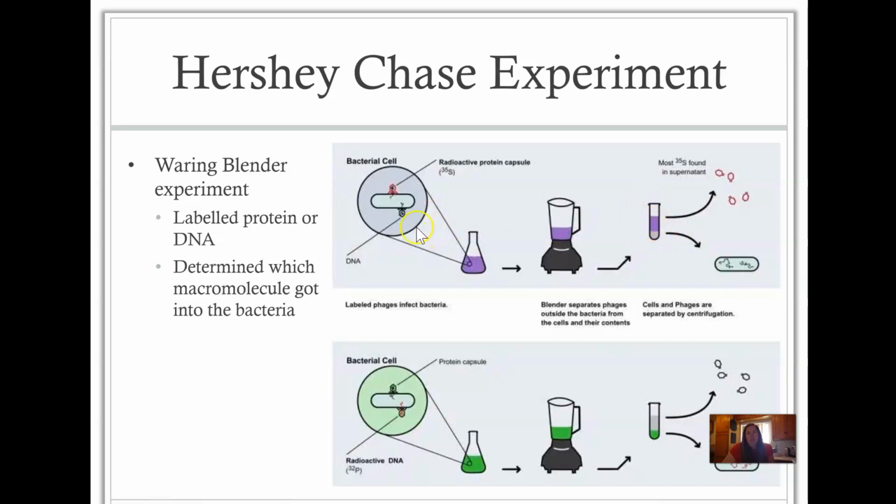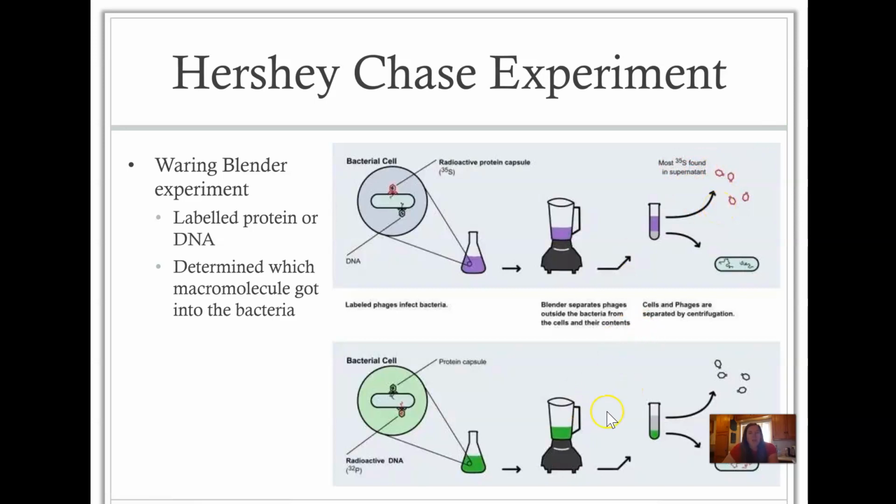And what they found is when they radioactively labeled the protein, the radioactivity was found in the supernatant. In other words, the proteins stayed with the bacteriophages. So the bacteriophage, the shell, the nucleocapsid, the tail, the spikes, right? All of those things that we know make up bacteriophages were radioactively labeled, and they did not get into the cell.